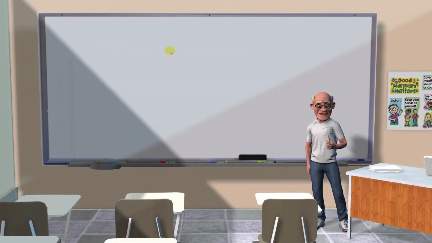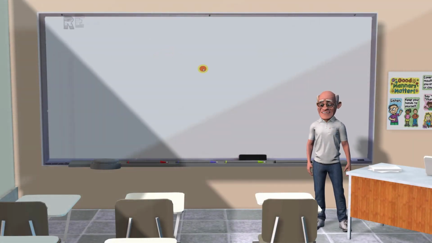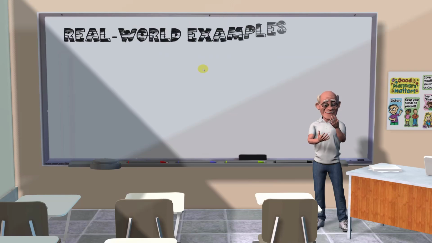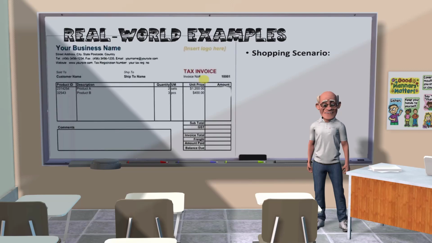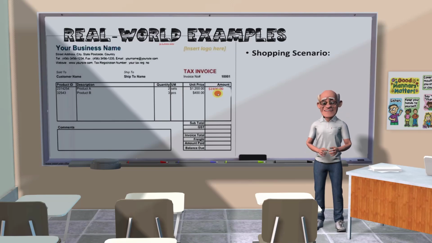Okay, now that you have completed your real world example, the shopping scenario, here is your tax invoice. The first one was $1,200, but there's two sets, so it's $2,400. The next one is 3 pieces at $400, gives us $1,200.